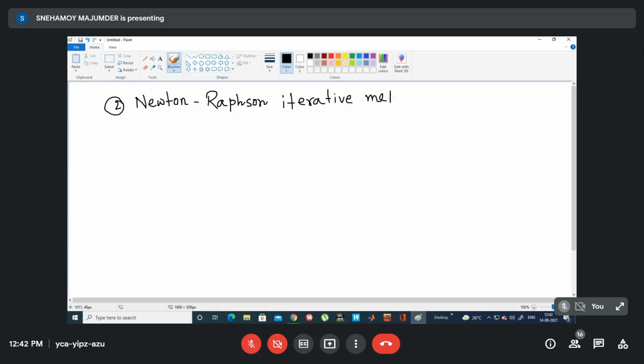Iterative method for solving polynomial. Once again, it can also be theoretically analyzed. I will explain first by the geometrical method, then go for theoretical analysis.